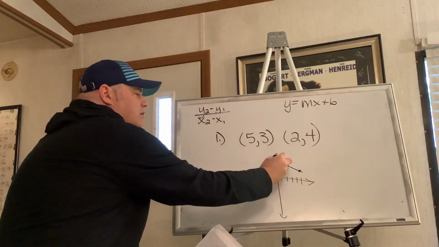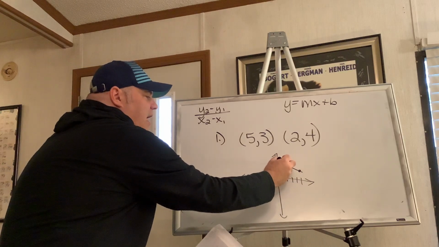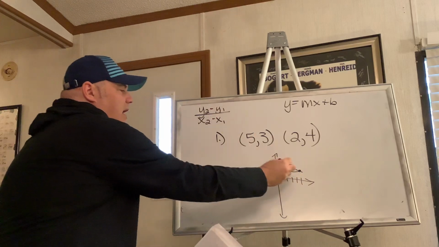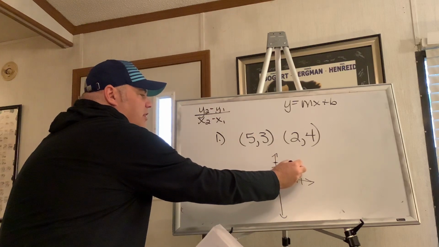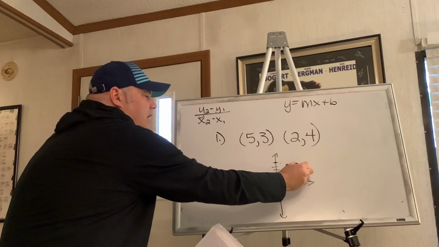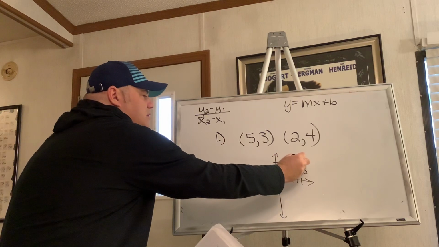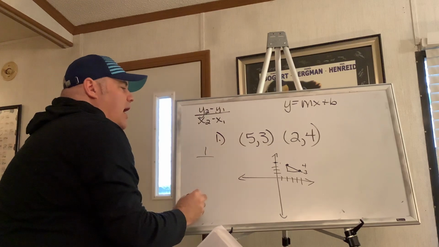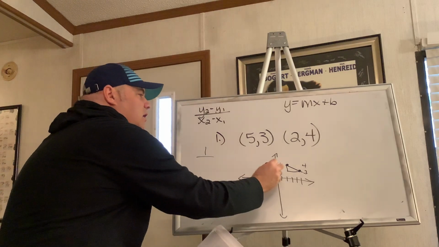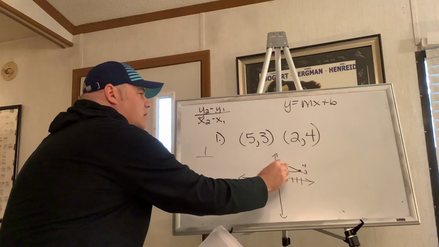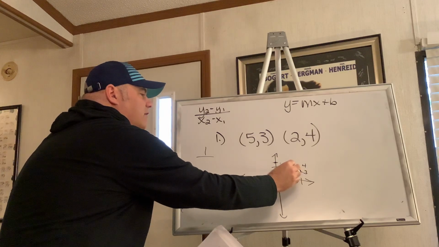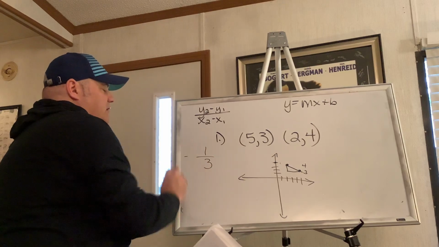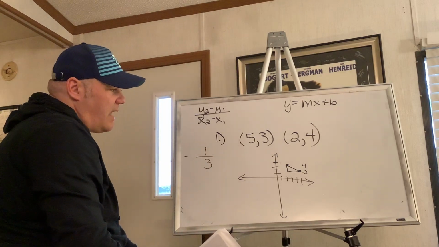And so, if you're trying to count your slope that way, you could say, well, if I want to put the rise, I went from 3, this is at 5, 3, and I went up to 4, so that's a 1, okay? And then over, you went from 2 to 5, so you went over 3, and because it's negative, it's a negative 1/3. You could do that.